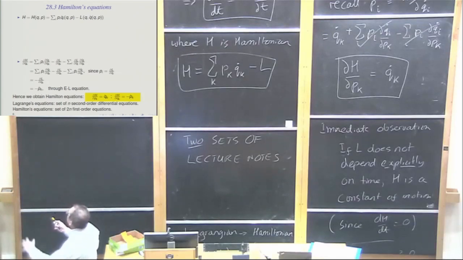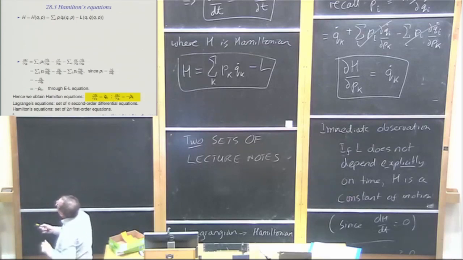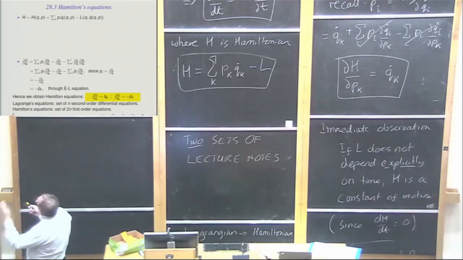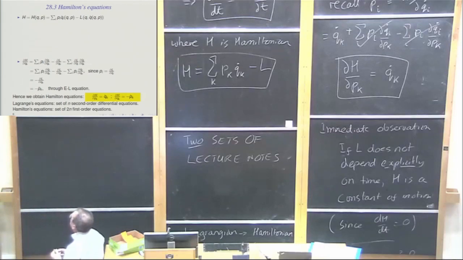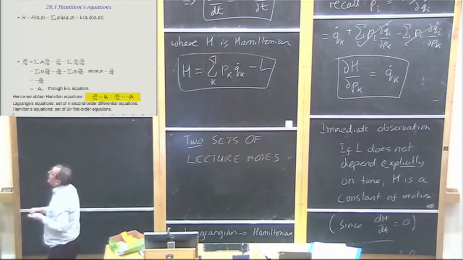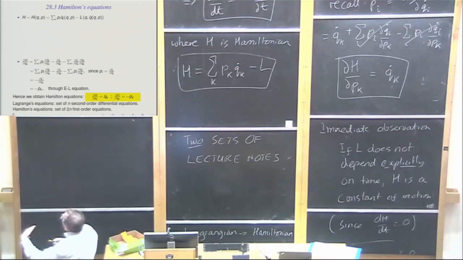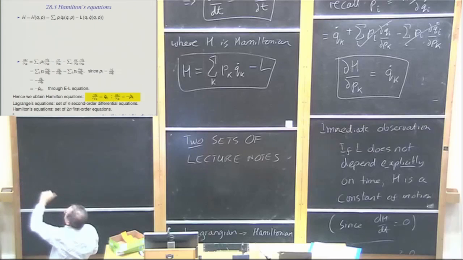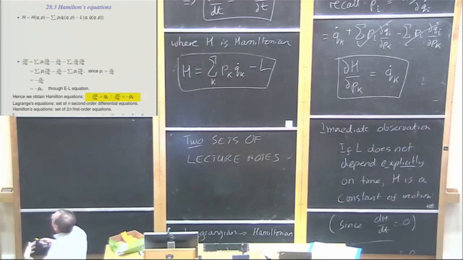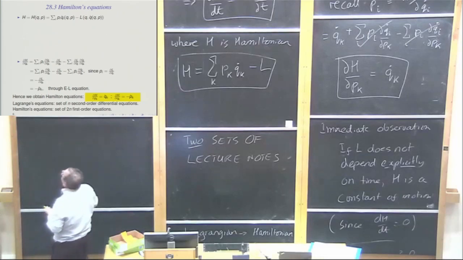So we have something which is similar but different here, which is that if we have n sets of generalized coordinates, we will have 2 times n first-order differential equations, which are the Hamiltonian equations. Okay. So our alternative way of solving a mechanical problem is to write down the Hamiltonian and then to write down these equations and solve these and see what they tell us about what's happening in the system.